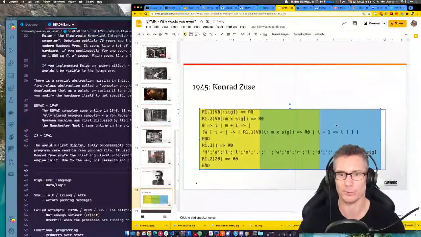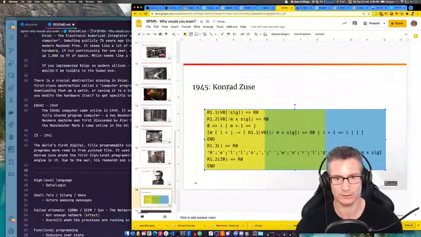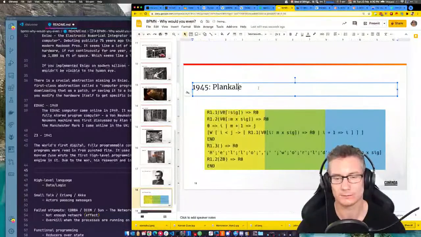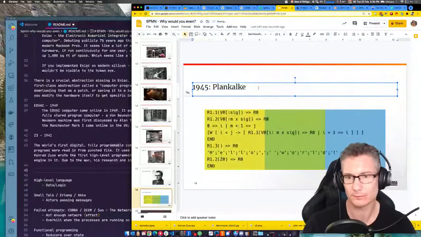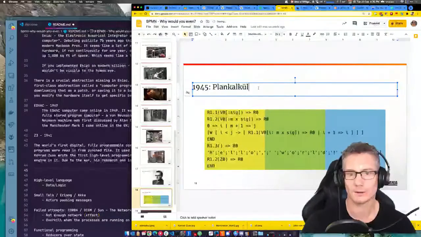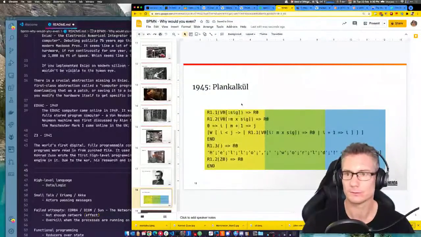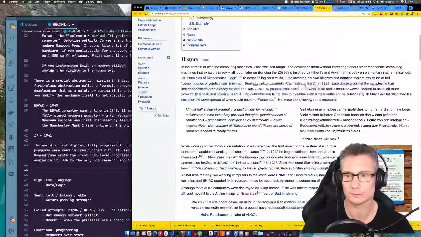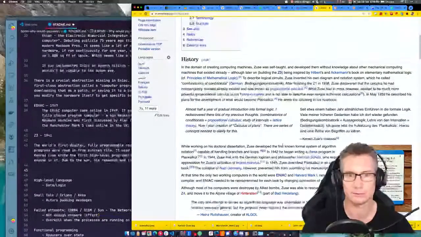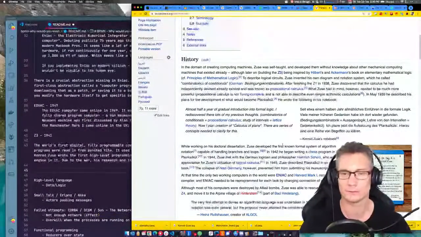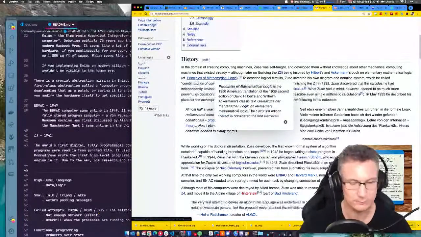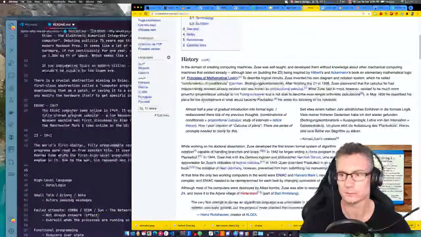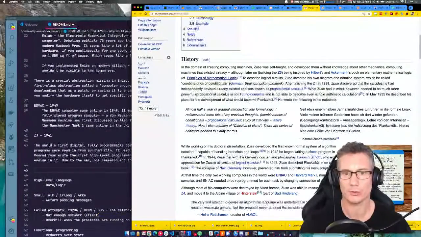Dude, the guy wrote a chess engine. Here we go. Combinatorics of conditionals.